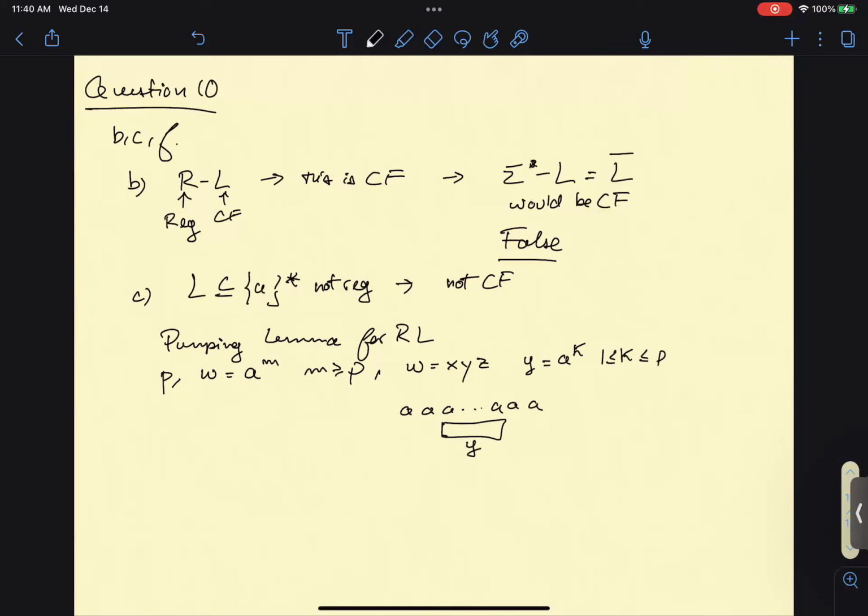And then in a pumping lemma proof, I would find a particular i such that w_i, which is x y^i z, which is also a^..., no, sorry.